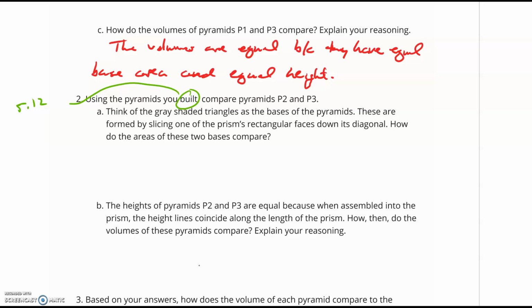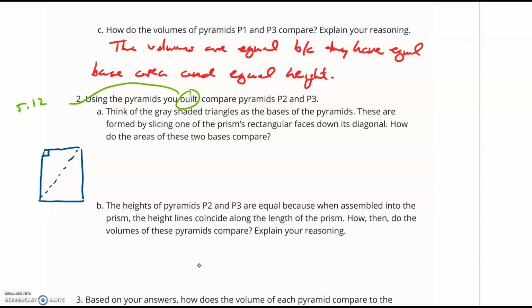These are formed by slicing one of the prism's rectangular faces down its diagonal. How do the areas compare? So what we're asked to do here is think about one of the shaded areas, right? And we're going to slice this down the diagonal.